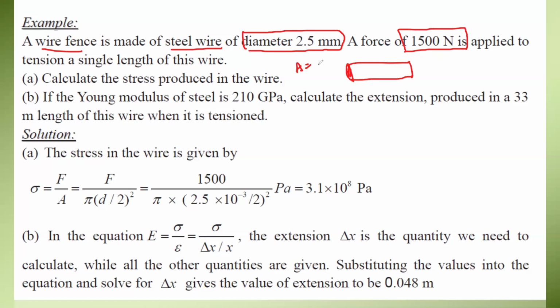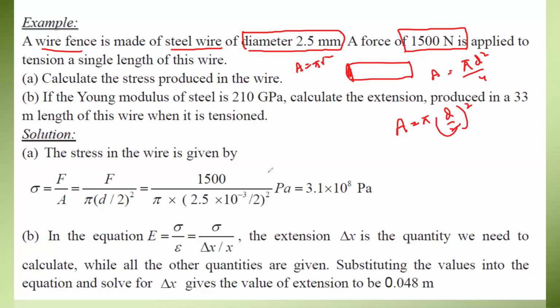The area of the cross-section of a wire is pi r square, or you can also use pi d square by 4, because if I substitute d by 2 in place of the radius, it becomes pi d square by 4. Or you can use pi times d by 2 whole square.